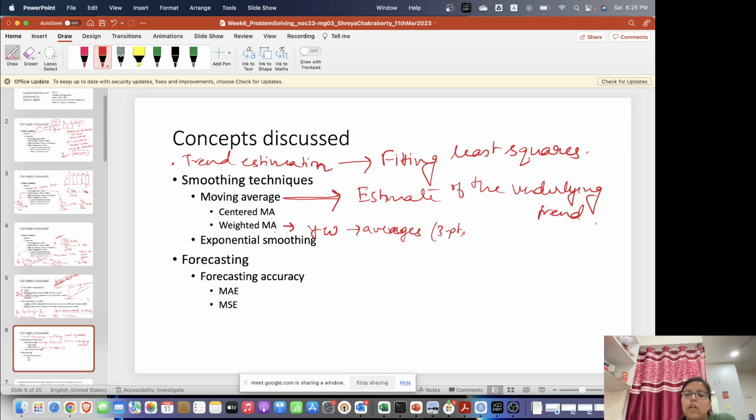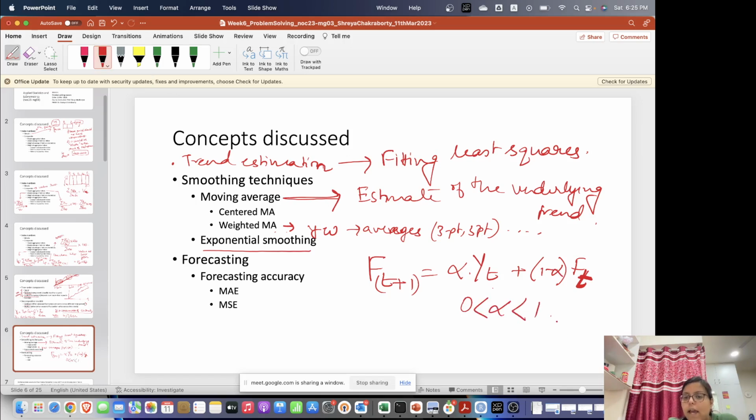Could be a 3-point, could be a 5-point, or anything. And we also learned about exponential smoothing, where the forecasted value at the t plus 1th time period will be alpha into the observed value of the series at the tth time period plus 1 minus alpha into the forecasted value at the tth time period, where alpha lies between 0 and 1.